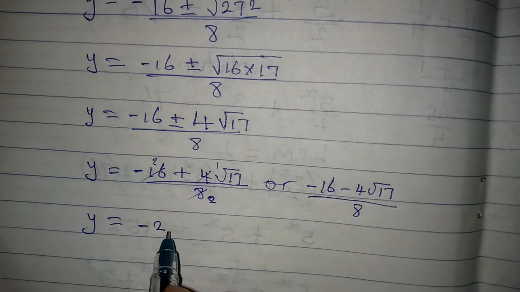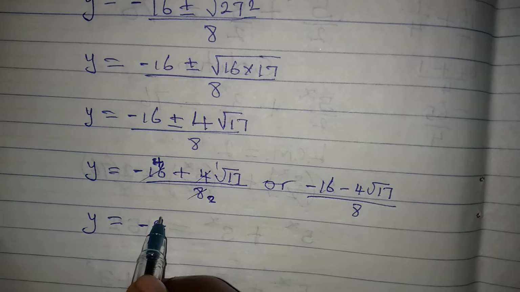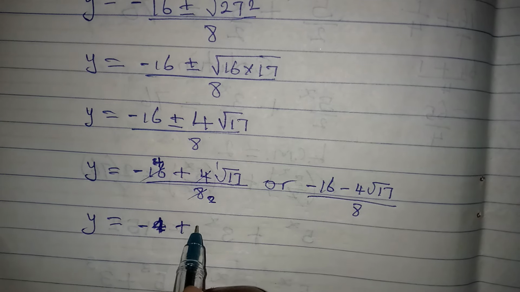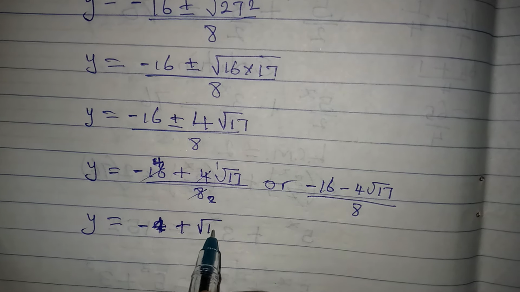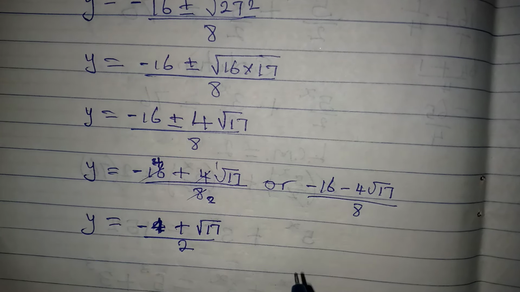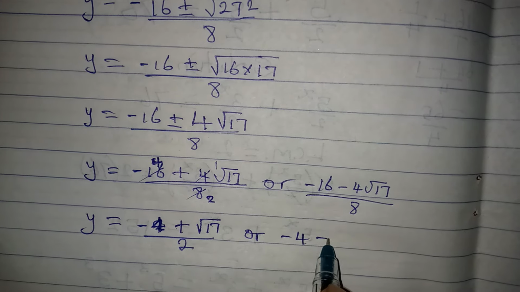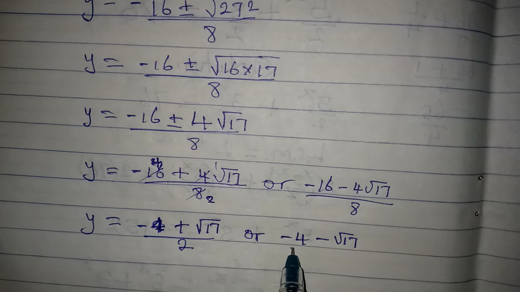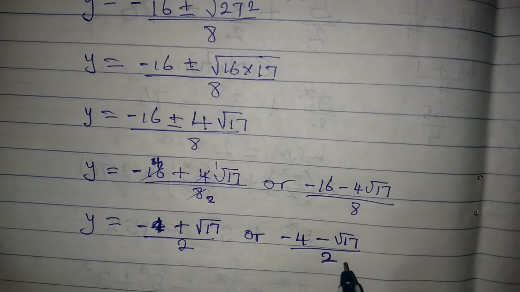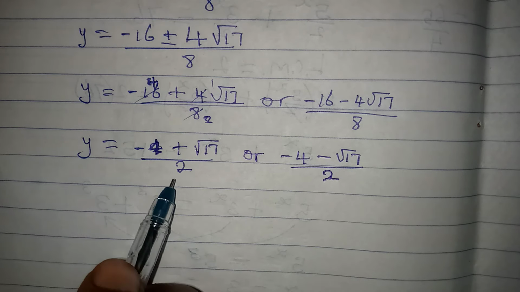Okay, 4 will go here 4 times. We'll be having minus 4 plus square root of 17 over 2. Okay, or on this side we have minus 4 minus square root of 17 over 2. I hope you can understand what we are doing. So that's from here, what do we do next?